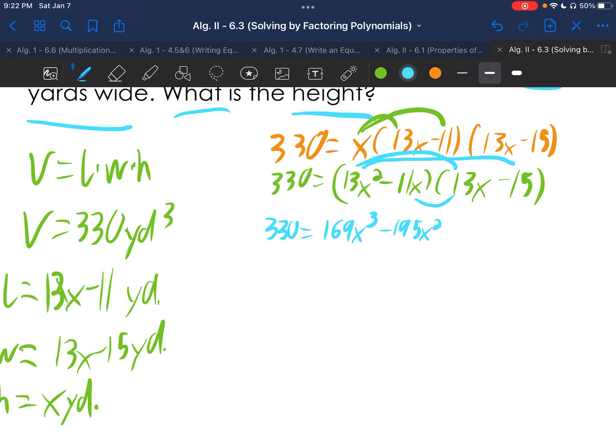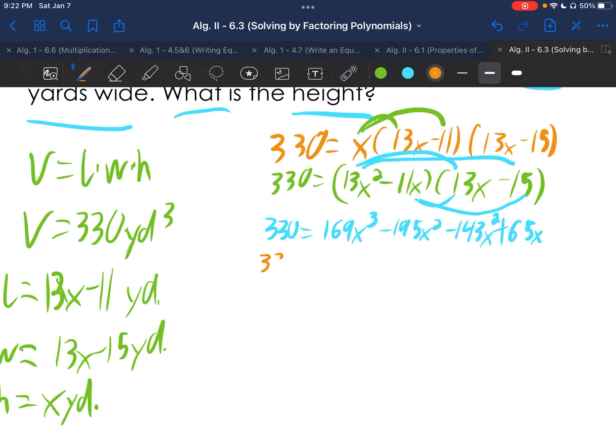Negative 11x times 13x is negative 143x squared. And negative 11x times negative 15 is positive 165x. And that already equaled 330 on the other side.